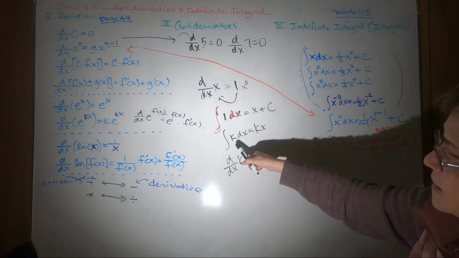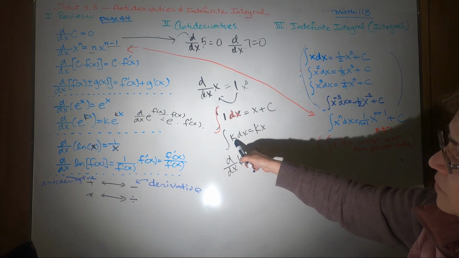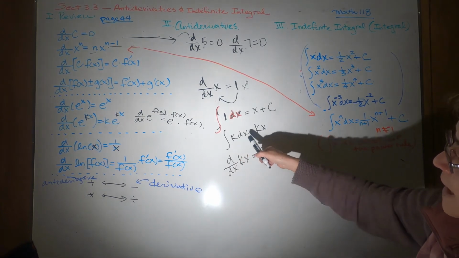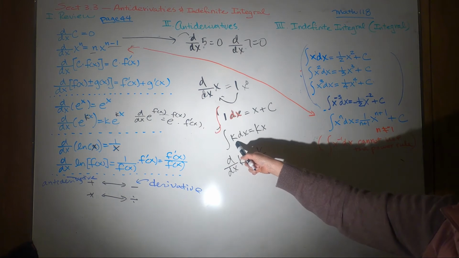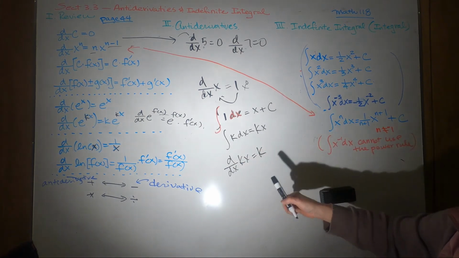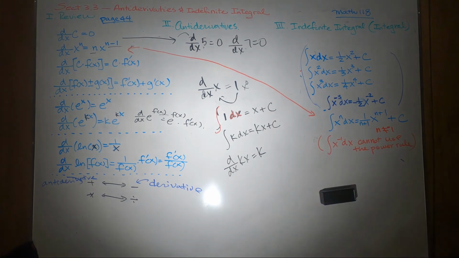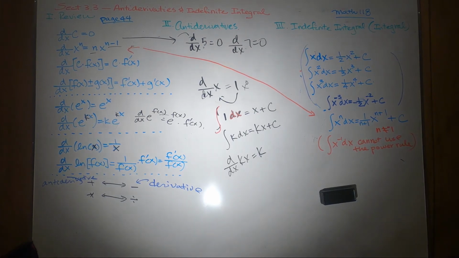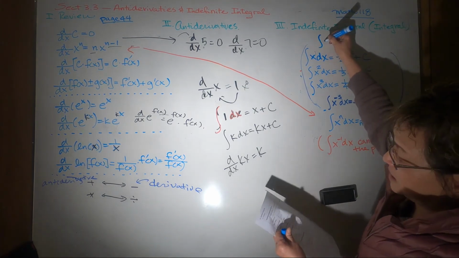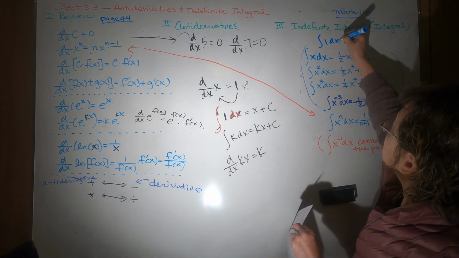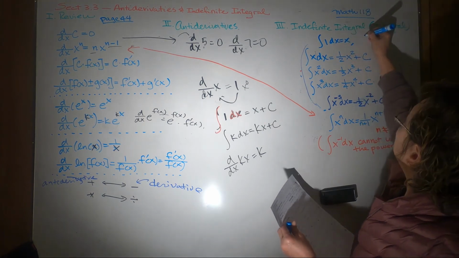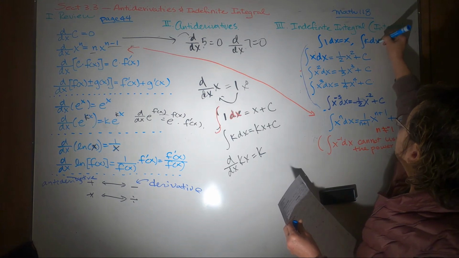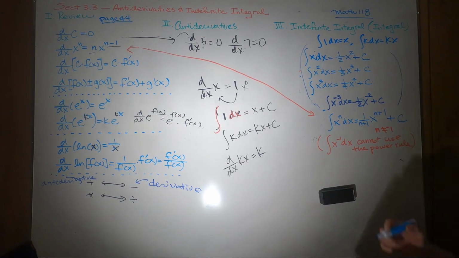So for a constant k, I go a level higher: x to the 0 power goes to the 1 power, plus c. So the integral of 1 dx is x, or the integral of any number k is kx.